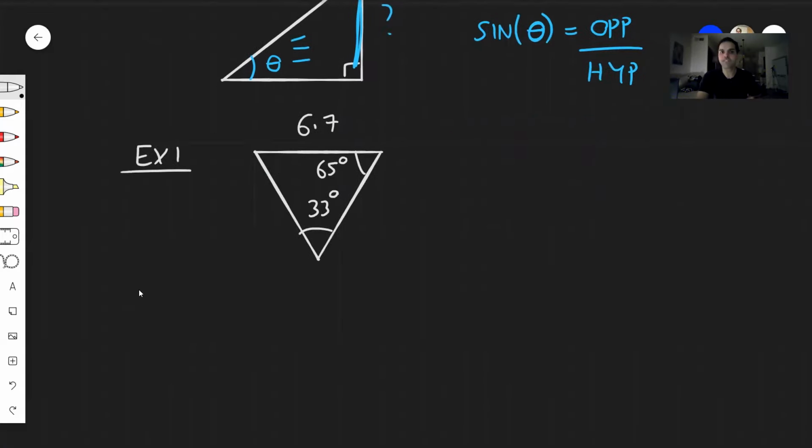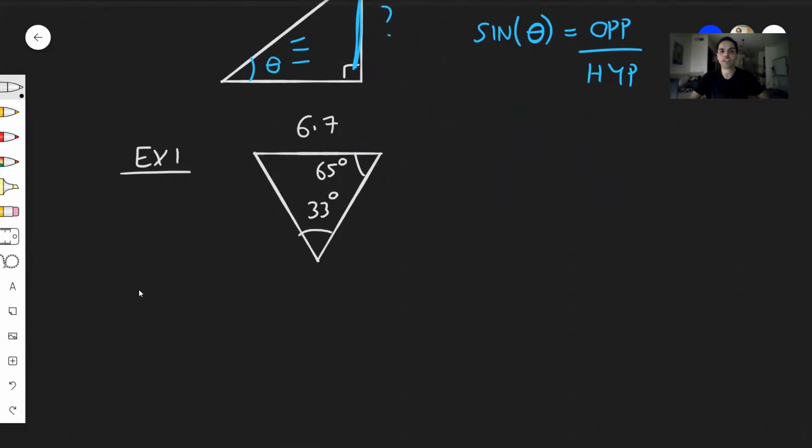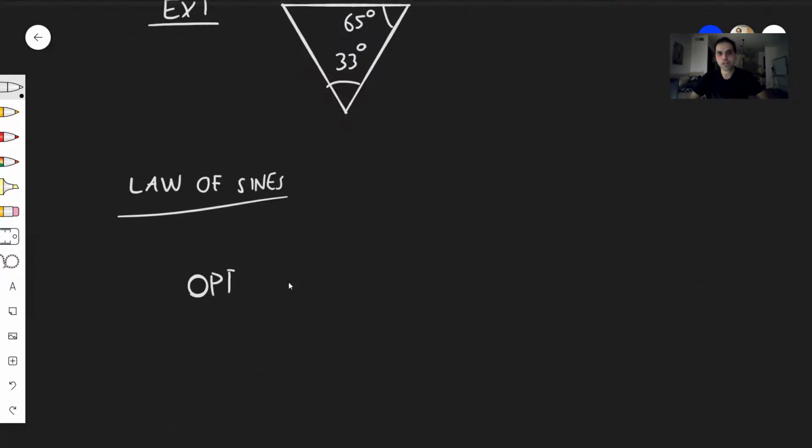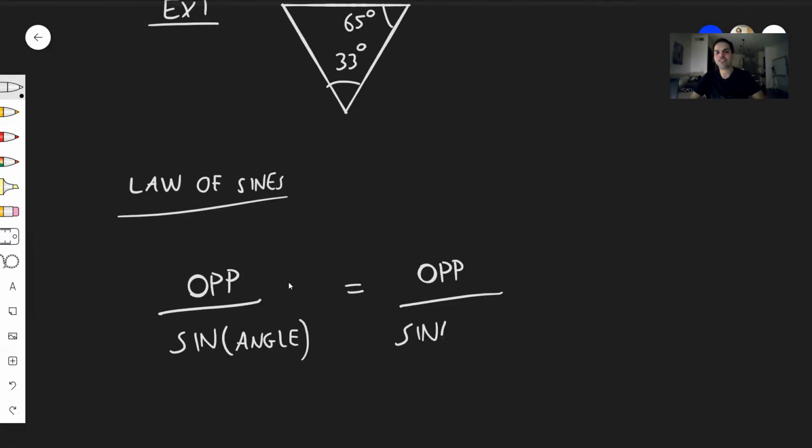Now, the law of sines, you always have to think of it as follows. I'm not going to use letters, that's very confusing, but it's always opposite over sine of an angle equals opposite over sine of an angle equals opposite over sine of an angle.